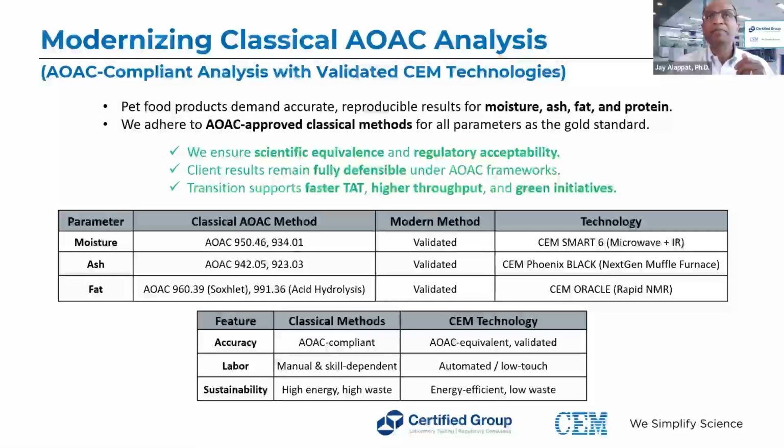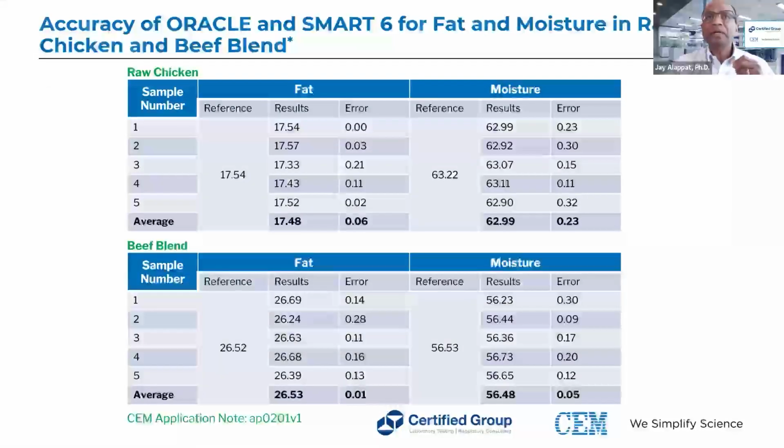Next slide, please. Now, let us look into this actual data. The slide compares Oracle Smart against the reference method for raw chicken as well as for beef blend. The first observation is the remarkable agreement between the modern method and the reference method. You can see the error is 0.06 for raw chicken fat and moisture 0.23.